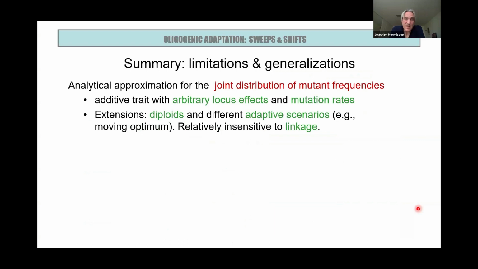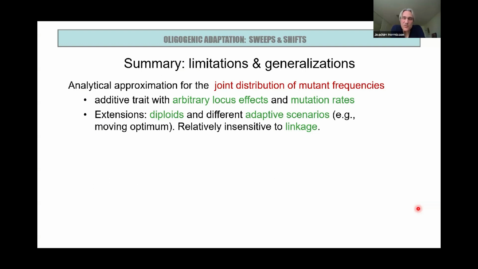All right, it's time to sum up maybe. So what did we have here? We have an analytical approximation for the joint distribution of mutant frequencies for an additive trait with arbitrary locus effects and mutation rates. What I've not shown is that this can be extended to diploids, and also to different adaptive scenarios. For example, importantly, we also have adaptation to a sudden shift in the optimum.